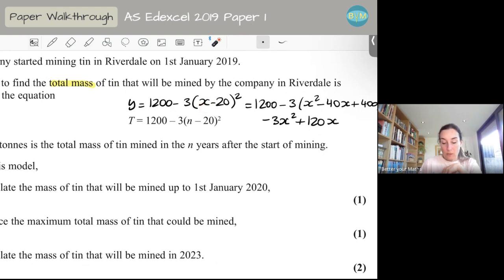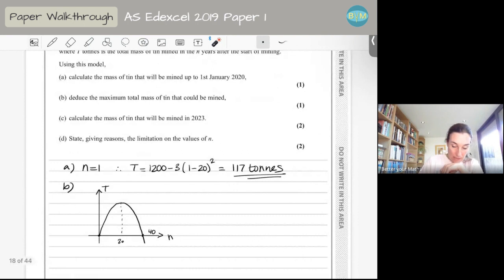And when this is 0, y is 1200. So this is the maximum. The maximum is at 20 years, and this is 1200. They say deduce the maximum total mass of tin that could be mined. So the maximum total mass of tin is going to be 1,200, because of that.